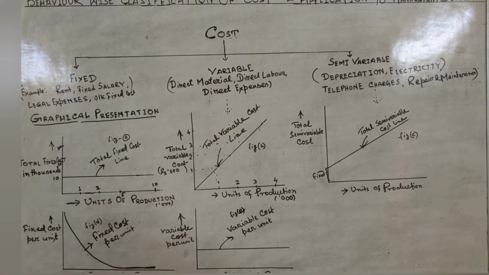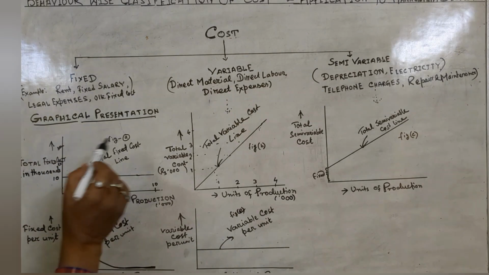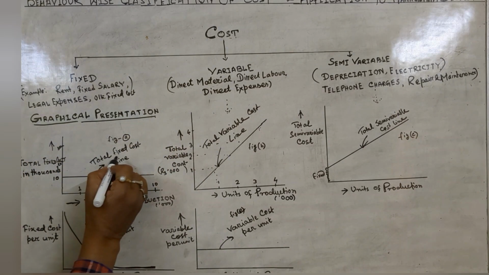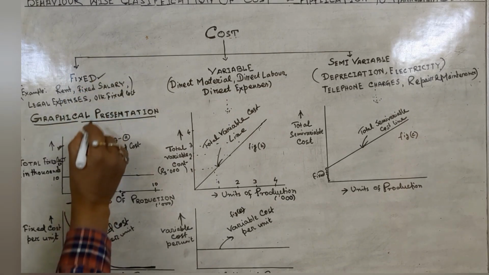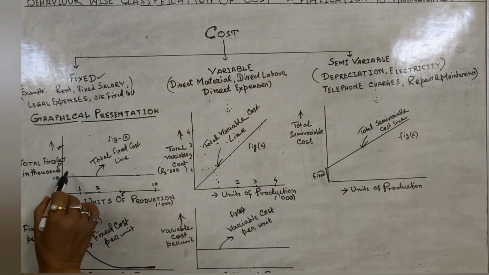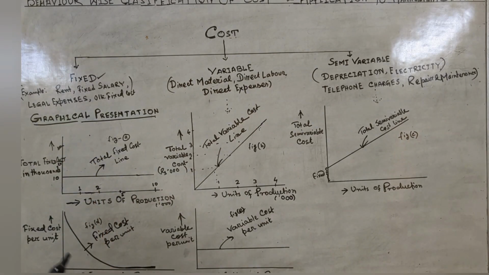I'm going to discuss through graphs each of these costs and how they behave. That's why it is written as graphical presentation. First, I'm going to discuss the fixed cost. Fixed cost means which remains fixed for a particular period with units of production.